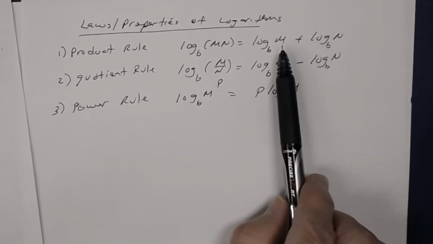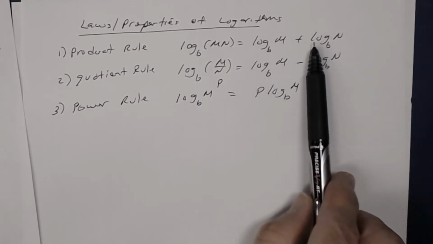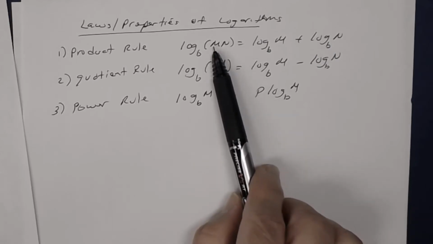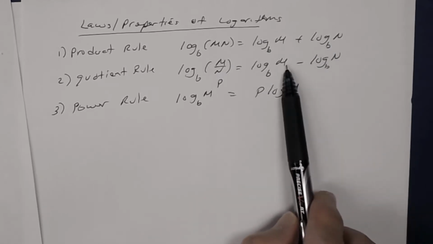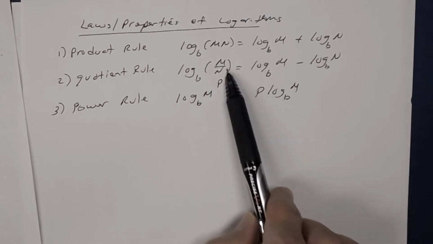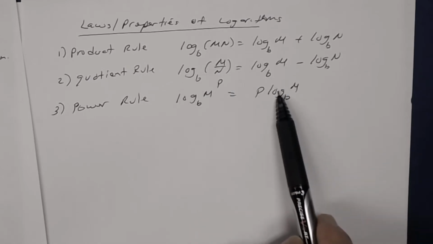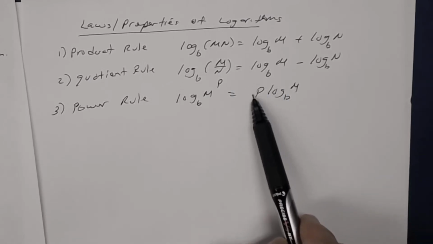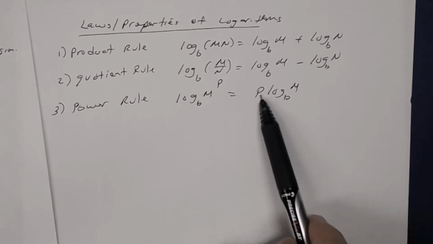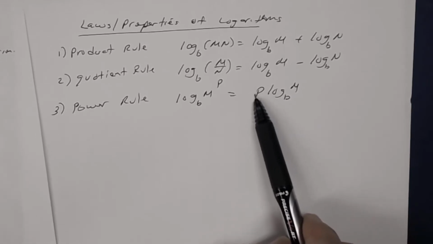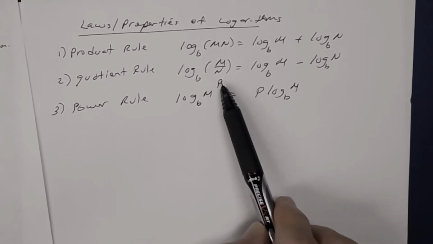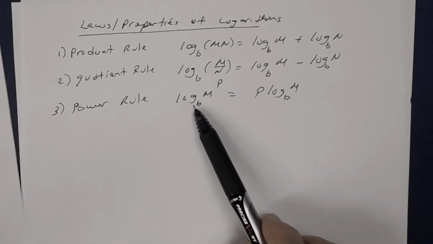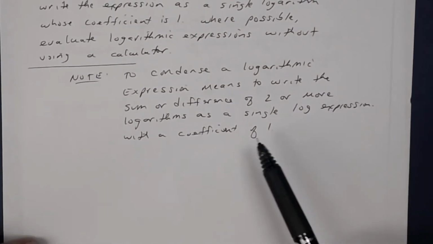You just got to remember that when you have the sum of two logs, you can write it as a log of a product. When you have the difference of two logs, you can write it as a quotient. And when you have a log times a number other than 1, you can write it as an exponent. Okay? It's not that difficult. It's fairly easy to deal with.